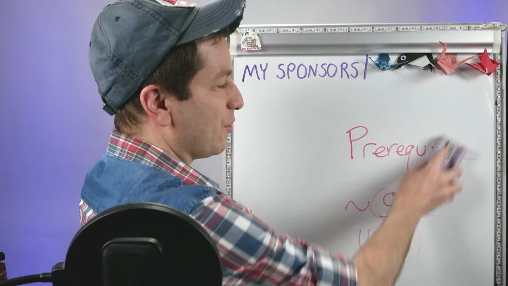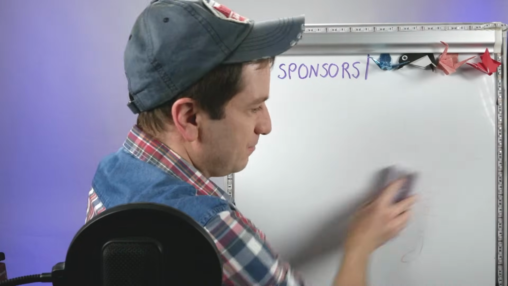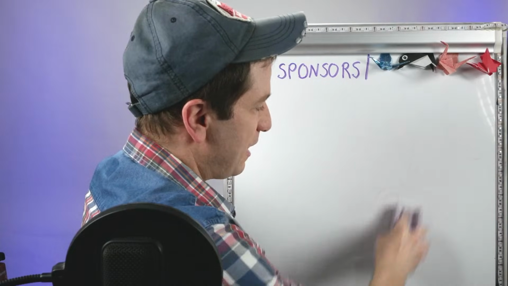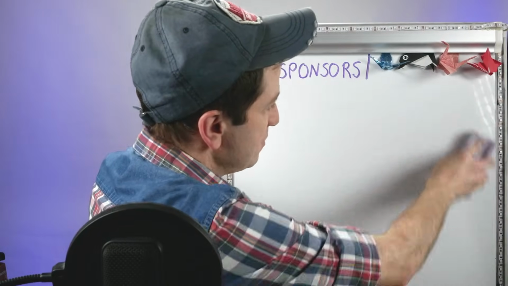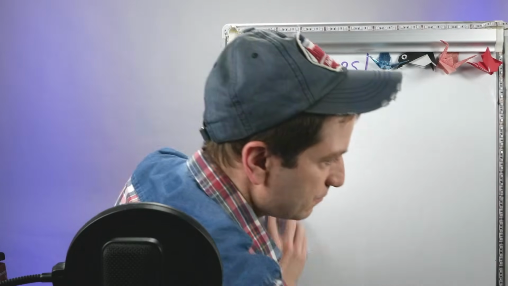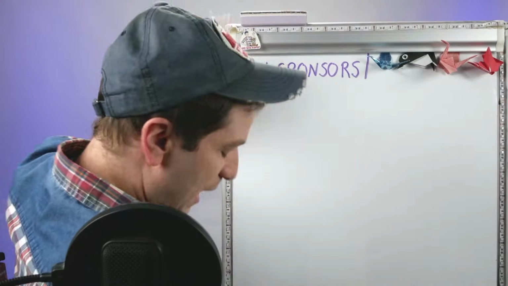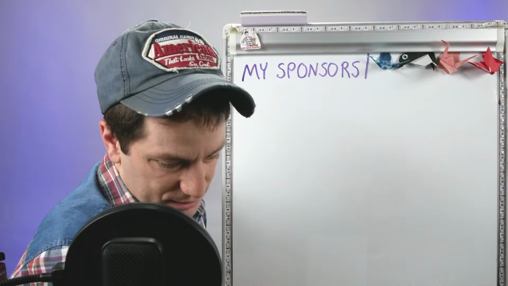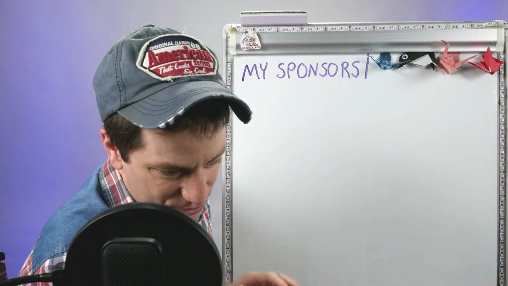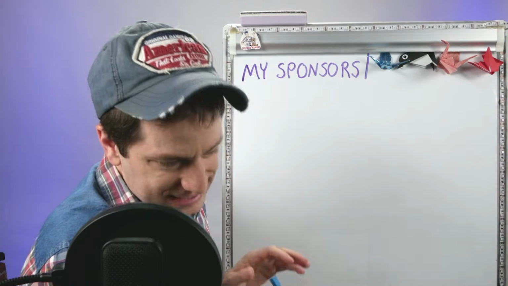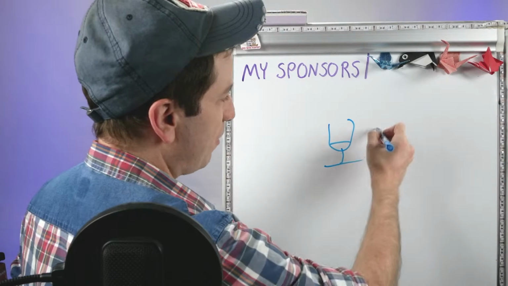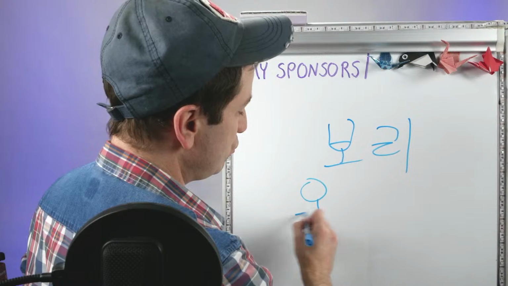Like that, or using a bicycle. That's the only prerequisite. Man, this red pen is just horrible for this board. Make sure we're okay on time. So yeah, you were asking about teas. So 보리 is barley and 옥수수 is corn.